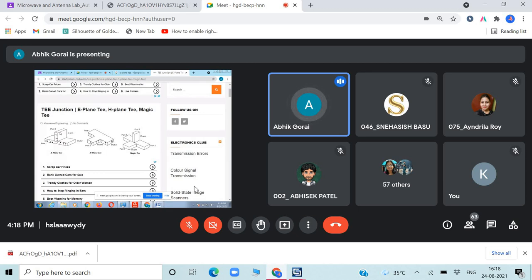It is simply a rectangular waveguide. Somewhere at the middle, one slot is made, and over there another rectangular waveguide kind of structure is added. So it appears to be like a T. That is why the name T.